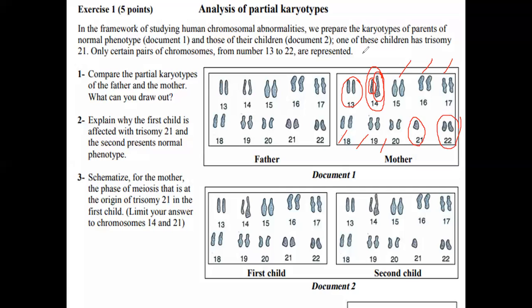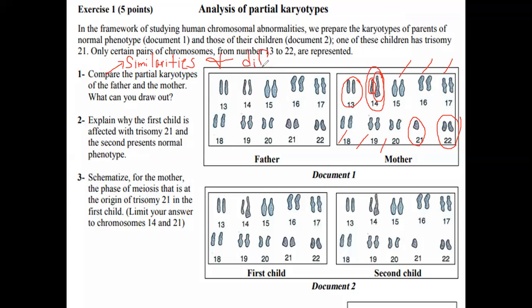Moving to the fourth question, they said compare the partial karyotypes of the father and that of the mother, and then draw a conclusion. First of all, whenever they say compare, I have to talk about both similarities and differences. It's not only about differences.